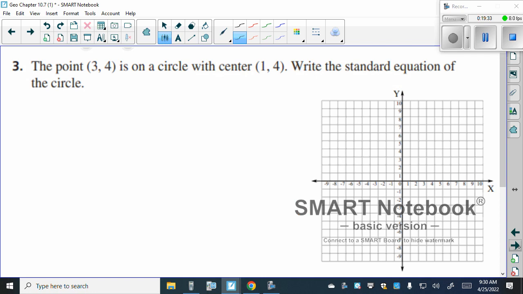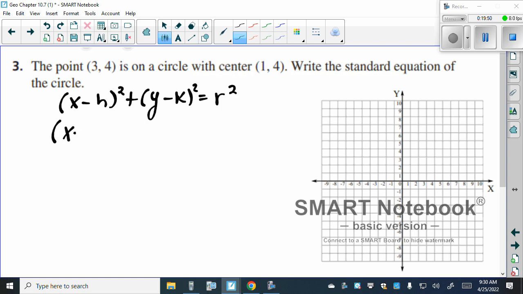The point 3, 4 is on a circle with a center at 1, 4. Write the standard equation of a circle. Let's fill in what we know so far. So what is the value of h and k for this problem here?